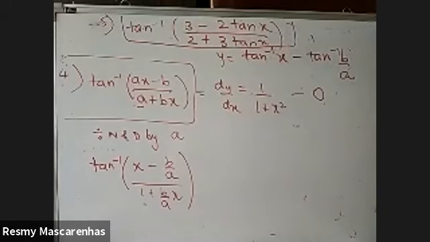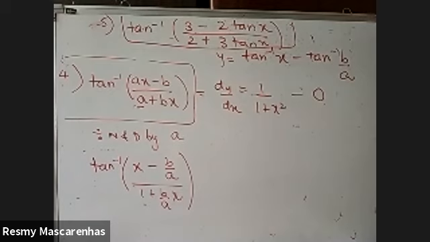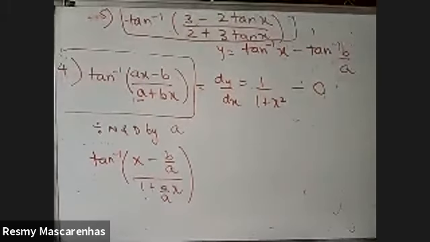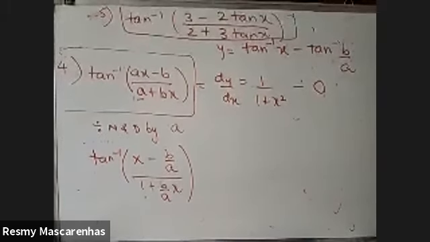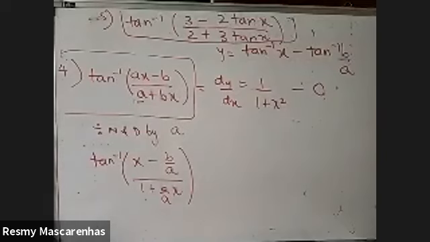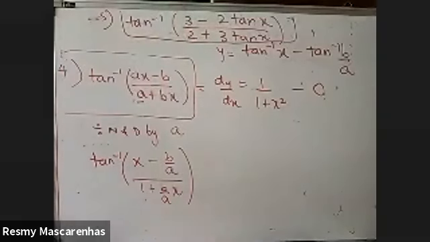Tan inverse of 3 minus 2 tan x upon 2 plus 3 tan x. Again, we have to make this 1. So divide numerator and denominator by 2.